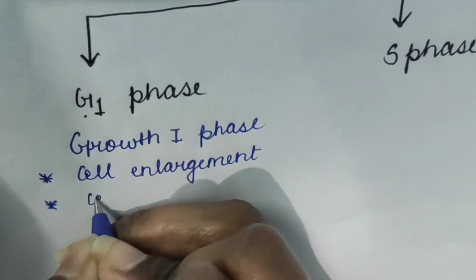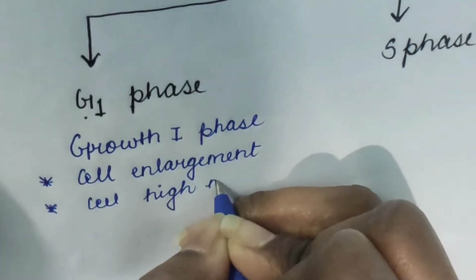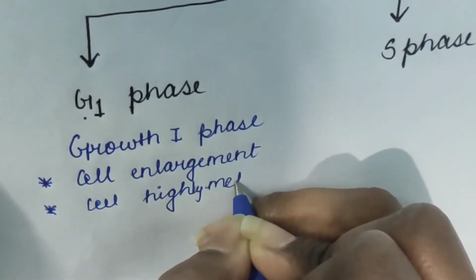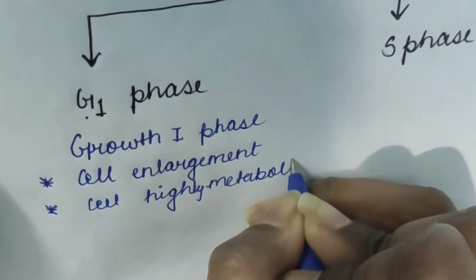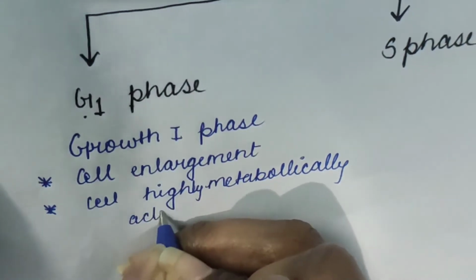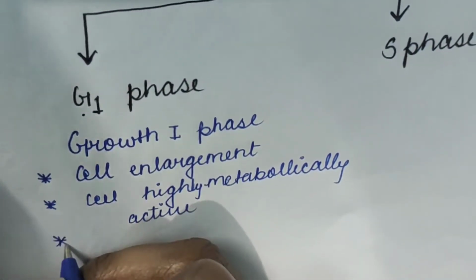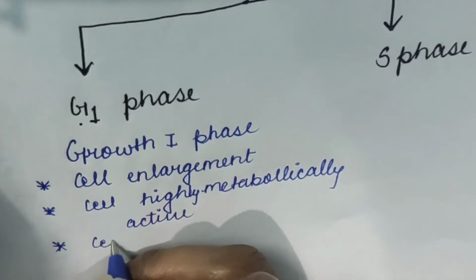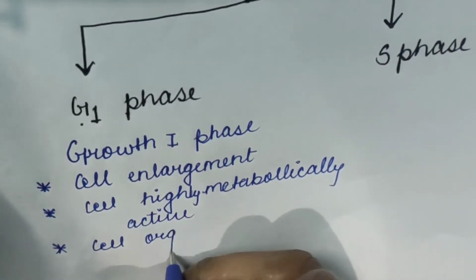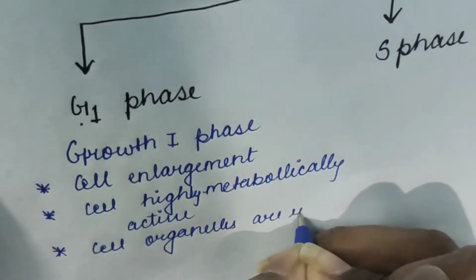Next, the cell is highly metabolically active. And the third, most important one, is that cell organelles are replicated.